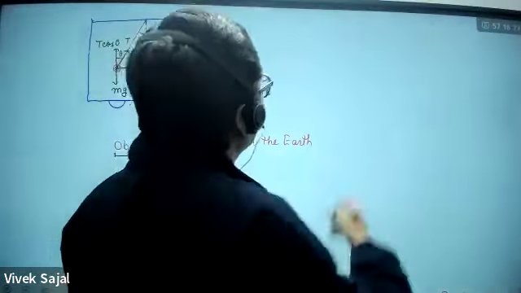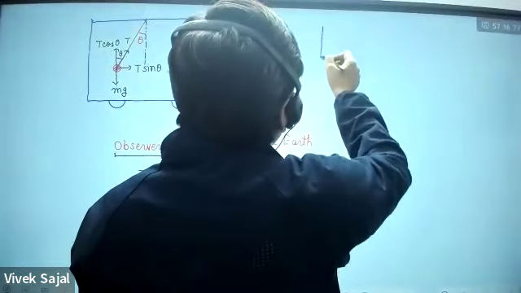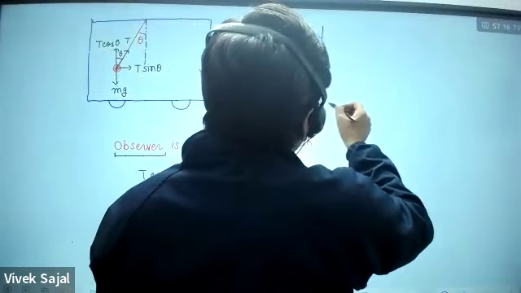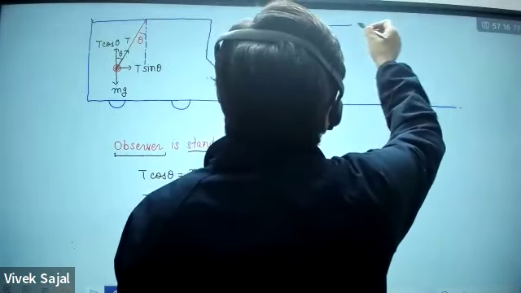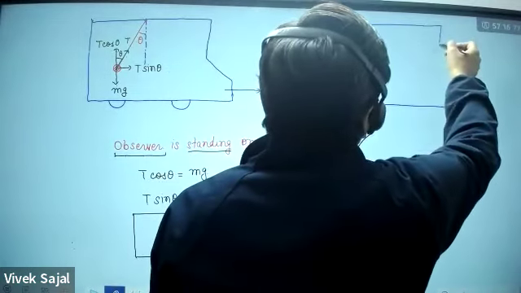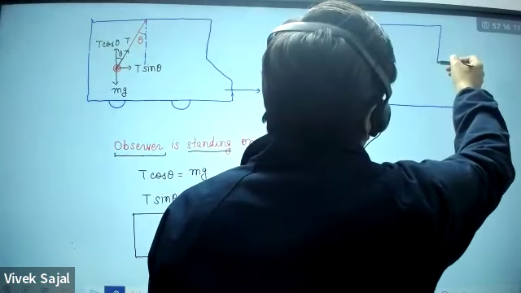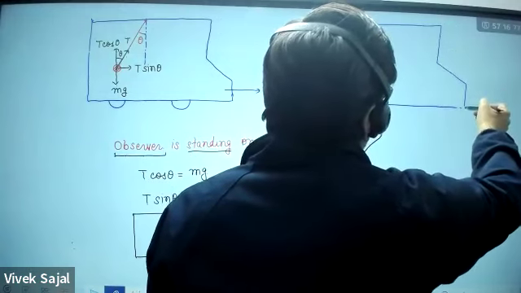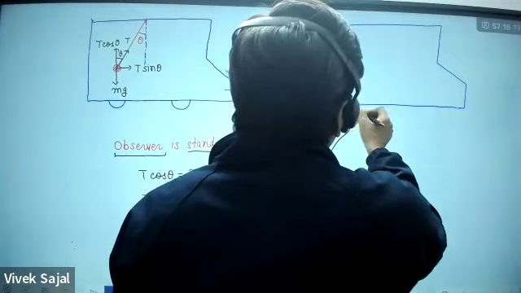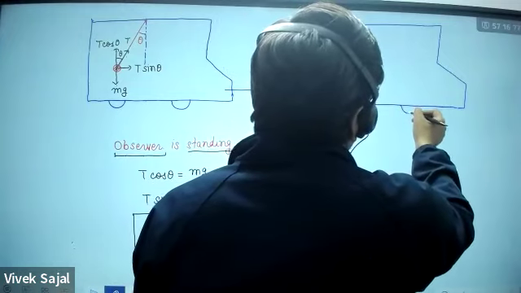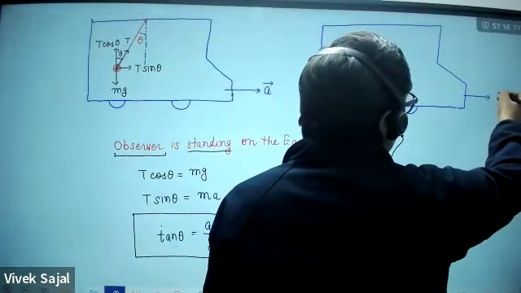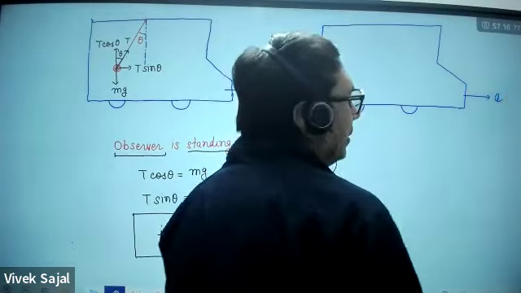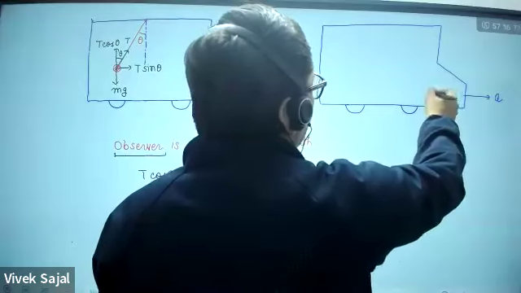So suppose a person is standing in the bus. This will be A, acceleration will be A, and now my observer is here.